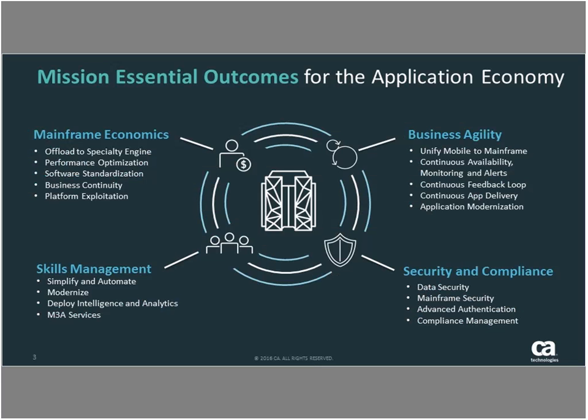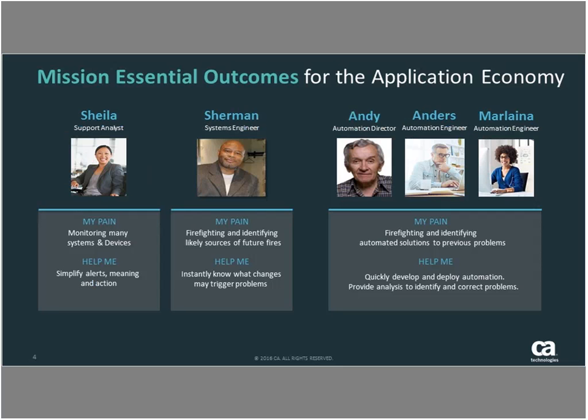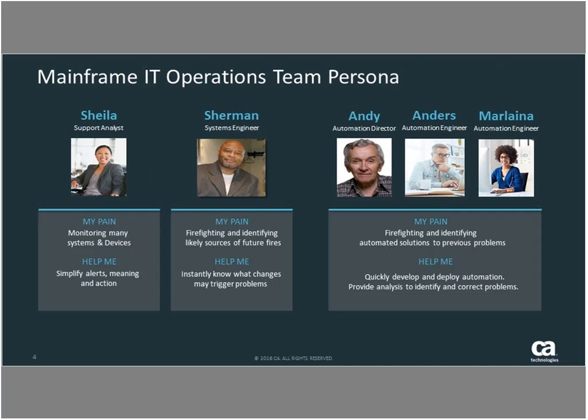With business agility, which has the continuous availability monitoring and alerting, that is the main focus of both of these products. They are both automation products, so they are driving towards that continuous availability monitoring and alerting. They can also help out with the skills management and mainframe economics of the mainframe. That's the high-level level set.